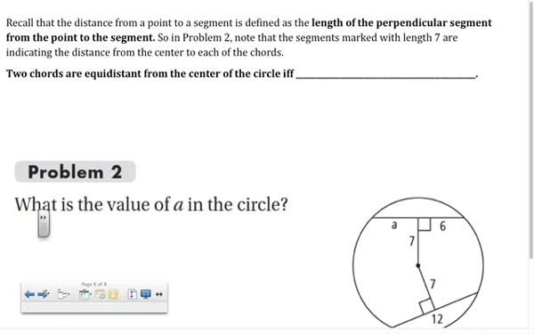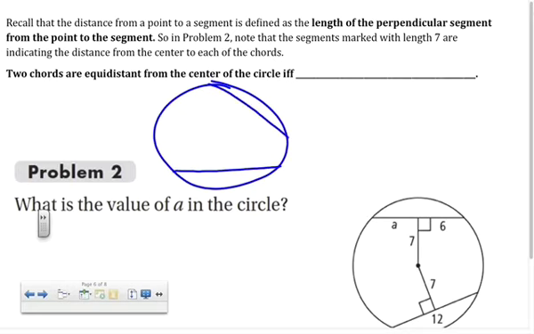So if I have two chords that are equidistant from the center of the circle, what do you think might be true about those two chords? They'll be congruent. Two chords are equidistant from the center of the circle if and only if the chords are congruent.